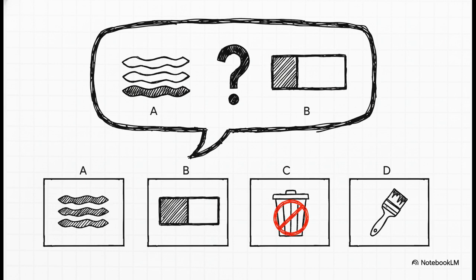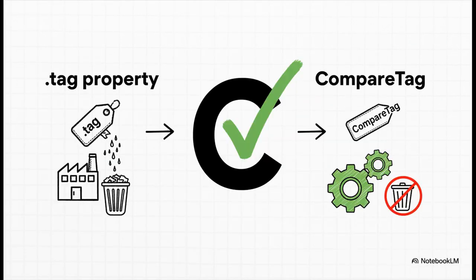Think about what's happening under the hood. And the correct answer is C. It avoids allocating new string memory. Remember, the .tag property creates a new C# string, and that causes garbage. CompareTag avoids that allocation entirely. It's cleaner, it's faster, and it's the right answer on the exam every single time.